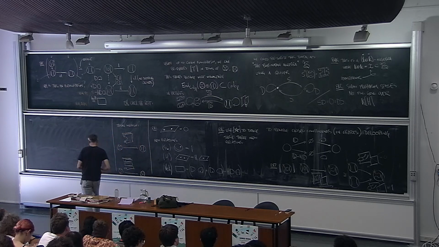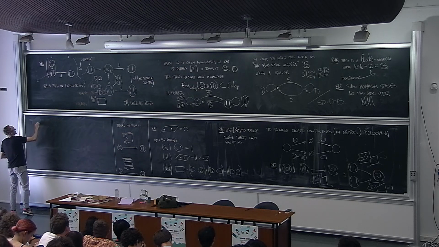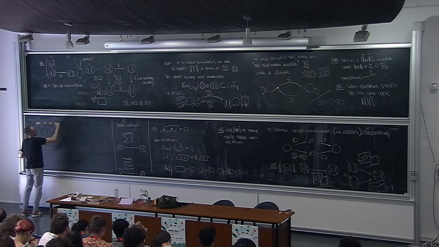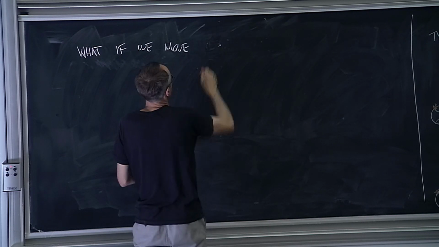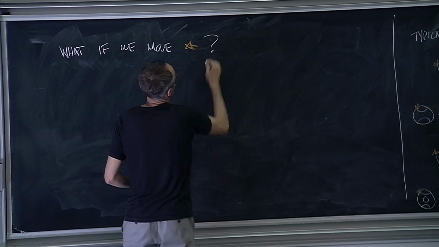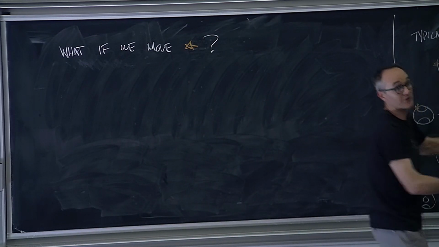Okay, so this is an orange star. I think this should now a priori completely change how I'm re-expressing my linear combinations and morphisms.